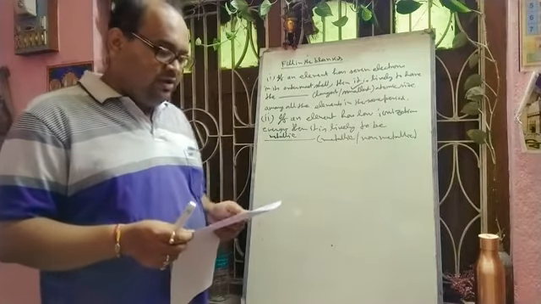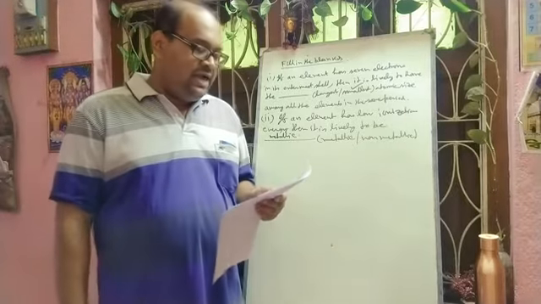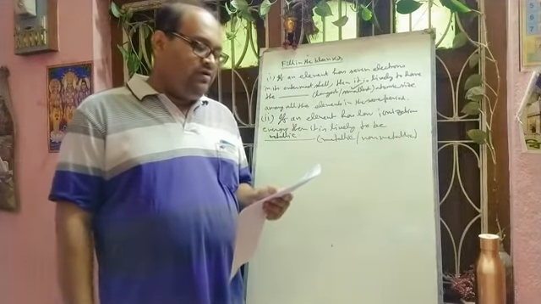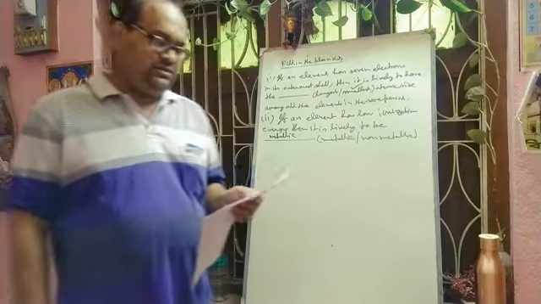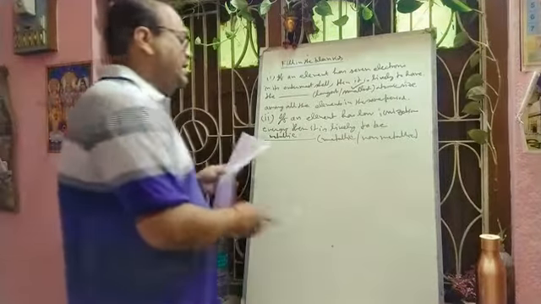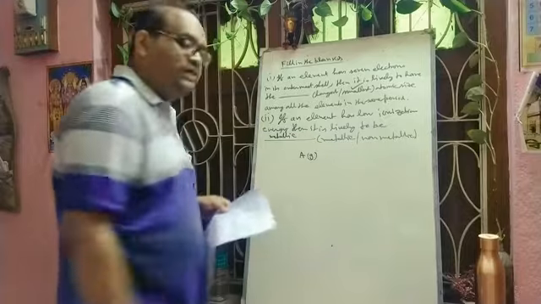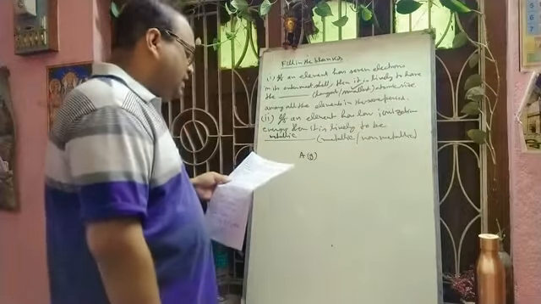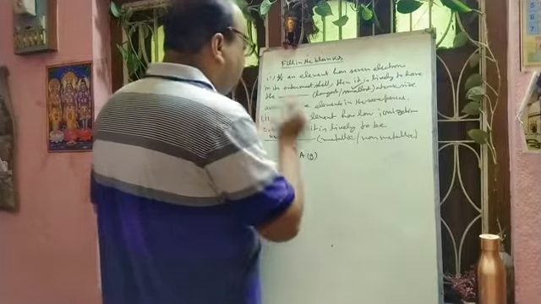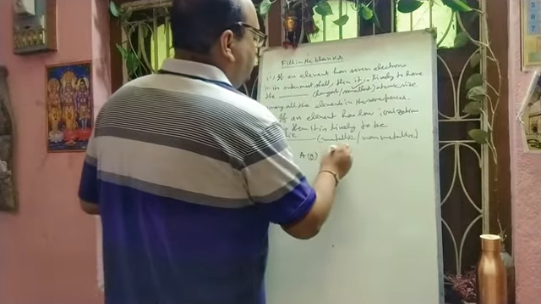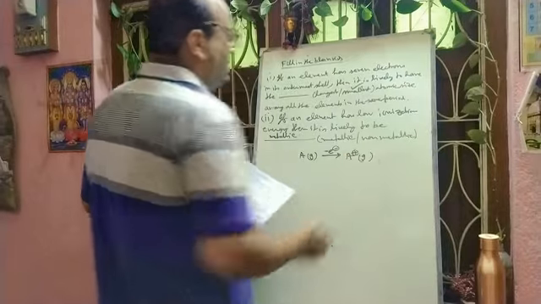Next question is given: the energy required to remove an electron from a neutral isolated gaseous atom and convert it into a positively charged ion is called dash. Okay. Suppose an element is in the gaseous state and it is an isolated gaseous atom. If we remove one electron from it, then it will become a positive ion.